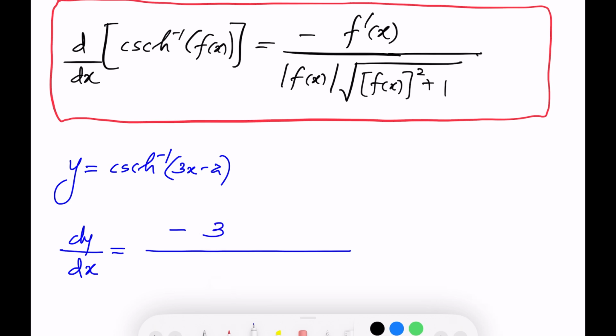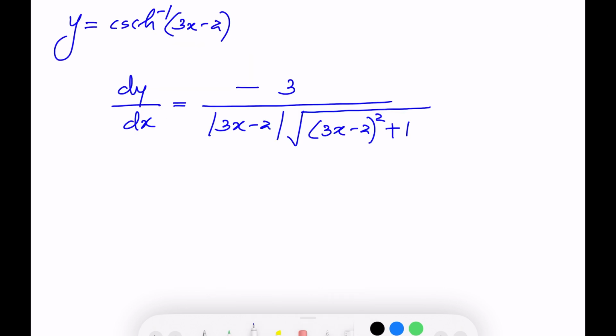And in the denominator, I have this absolute sign. f of x is just 3x minus 2. That times, I have a square root symbol and f of x everything squared, which is 3x minus 2 everything squared, and then there's this plus 1. That's the final answer for that problem. If you like, you may go ahead and do some further simplifications inside the square root. However, this is accepted as a final answer for this problem.